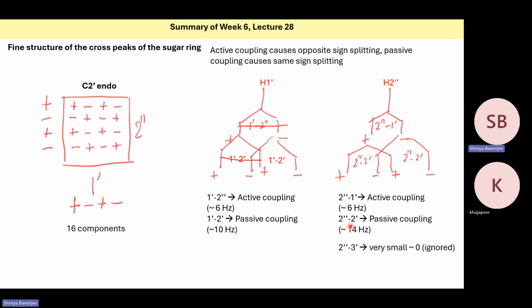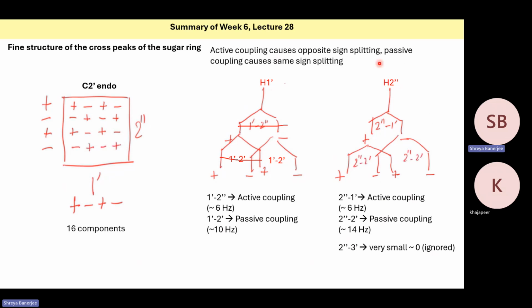Then we have 2 double prime split by 2 single prime, and that is geminal coupling, and it is huge. It is around 14 Hertz. Now, because it is huge, again, the two lines will cross each other. The first one was active coupling. So the two signs are different, plus minus. And then we have two passive couplings. So plus splits into plus and minus splits into minus.